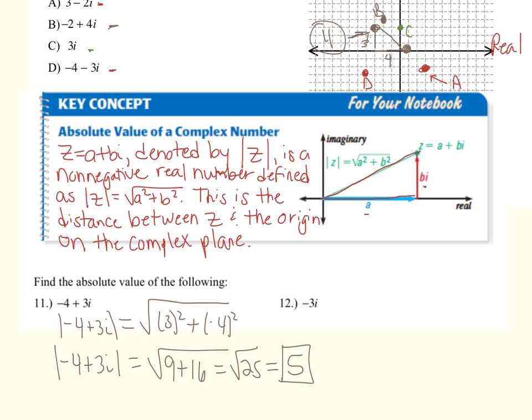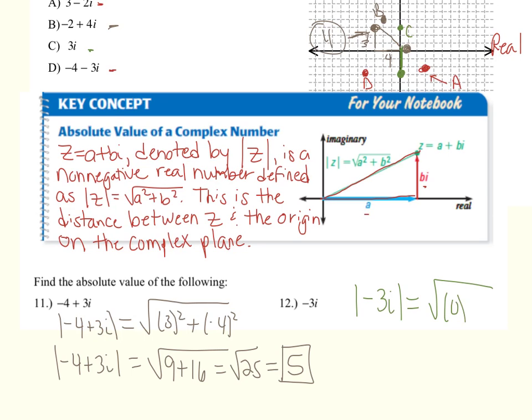For -3i, so the absolute value of -3i, if we plot that on our graph, -3i means that the real part is 0, so we don't go left or right. We just go down 3 points on the imaginary part. And so if we were going to calculate this distance, we could just actually count it since it's just straight. It's 3, but we can show it with the absolute value formula listed above.